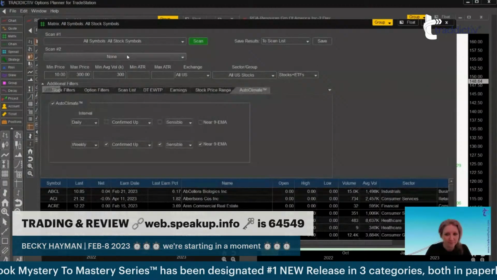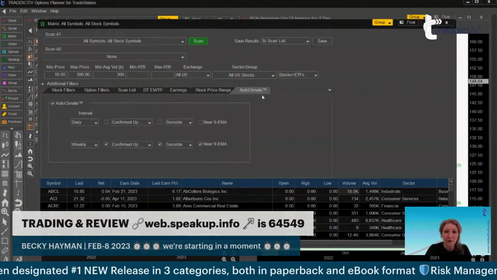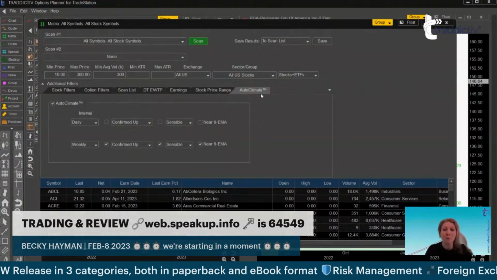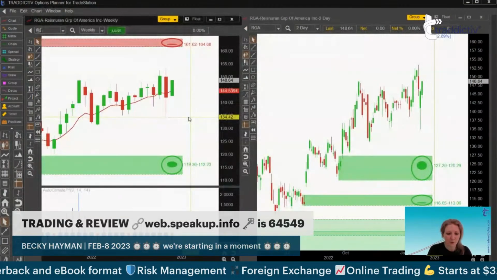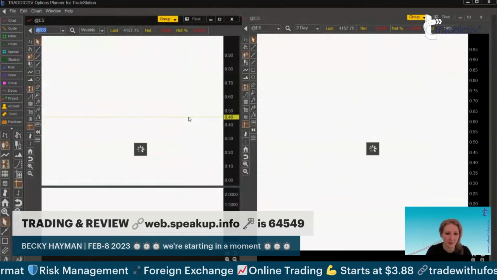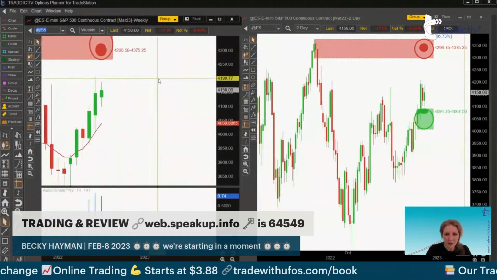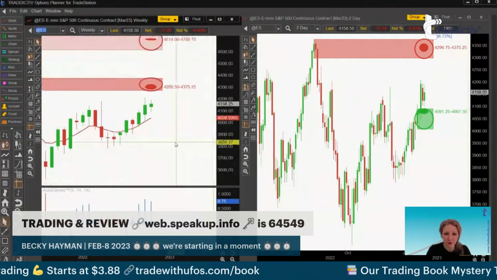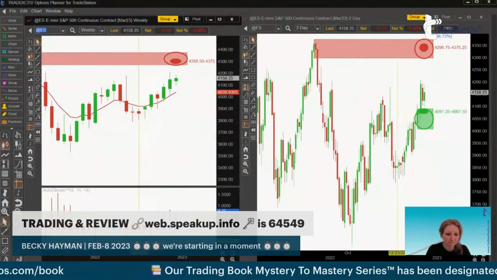What I'm going to look for is auto climate, looking at stocks that have probability one way or the other. To figure out which way we want to look, I'm just going to look at what the ES is doing. Now I'm looking at a weekly chart on the left-hand side, because for our stock trades we're going to be looking at long-term swing trading or position trading.